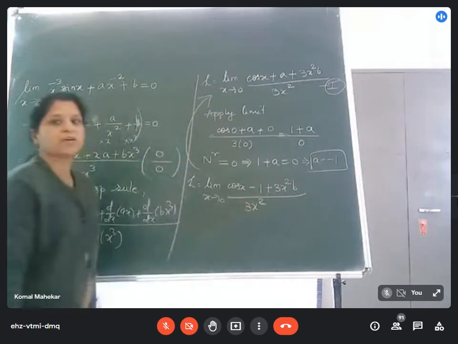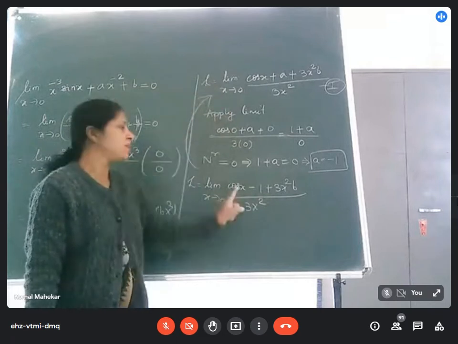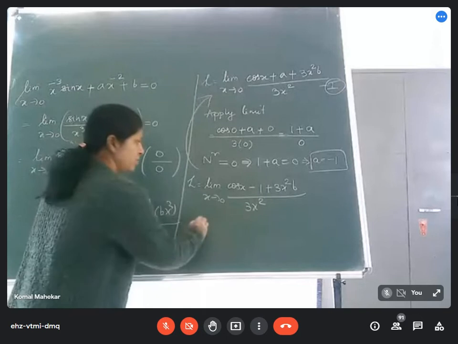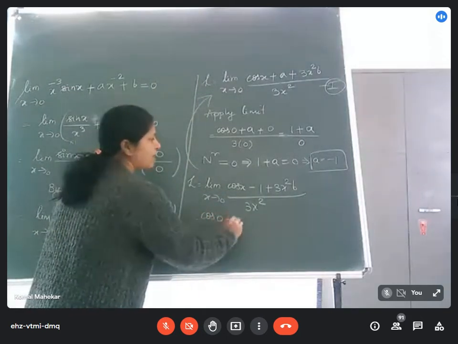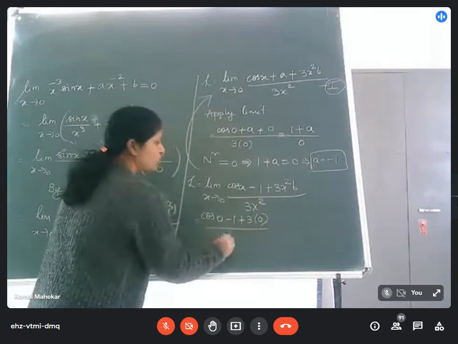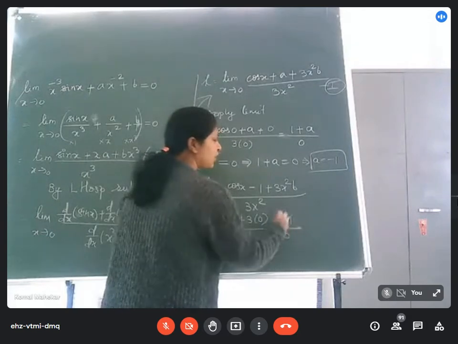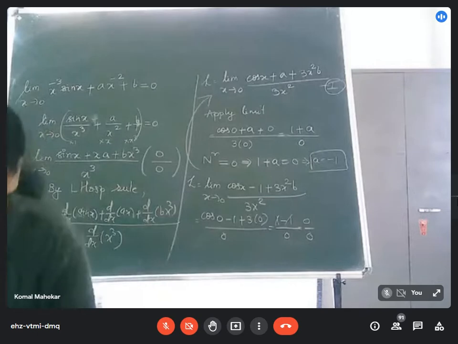If you put x is equal to 0, this becomes cos 0 minus 1 plus 3 into 0 upon 0. Cos 0 is 1, 1 minus 1 cancels, so again the form is 0 by 0.